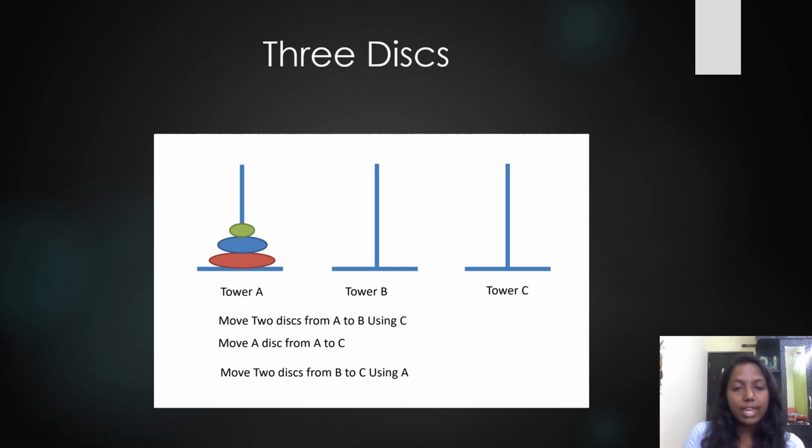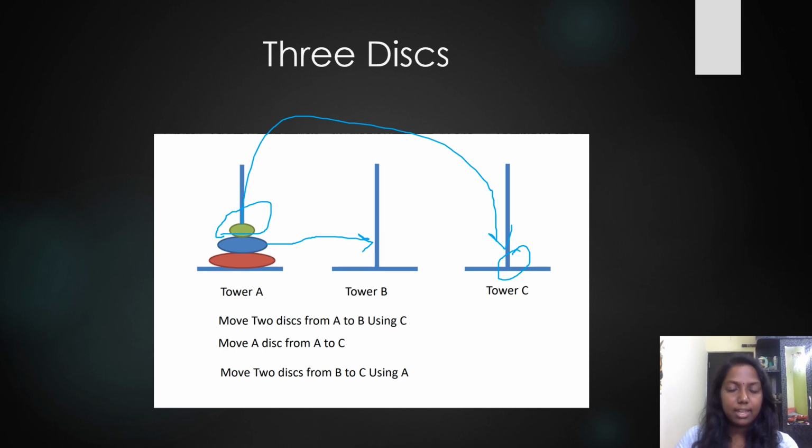Now we have to move two disks from A to B using C. That is, we first put the smaller disk on C. So let's say we have our small disk here, and now the medium sized disk goes directly to B. Again, we put the smaller disk which was on C back on B. So we have the medium size disk and the smaller disk on B, and now the big disk goes directly to C.